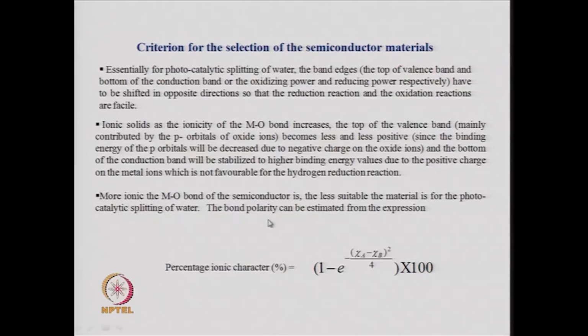Now, the bond polarity or the ionic bond can be given by this expression of percentage ionic character, and it is given as an exponential of the square of the difference of the electronegativities of the binary system. Say, suppose it is a metal oxide, metal and oxygen.